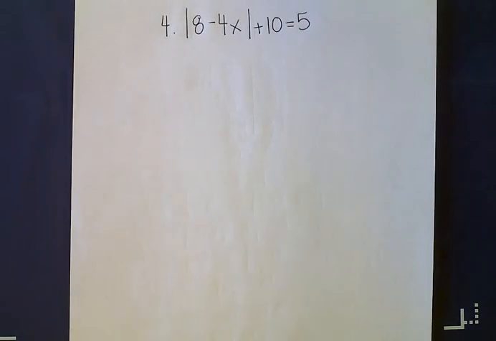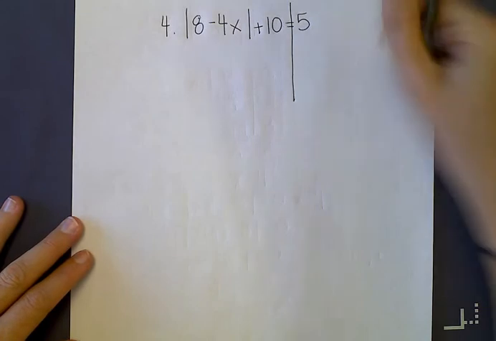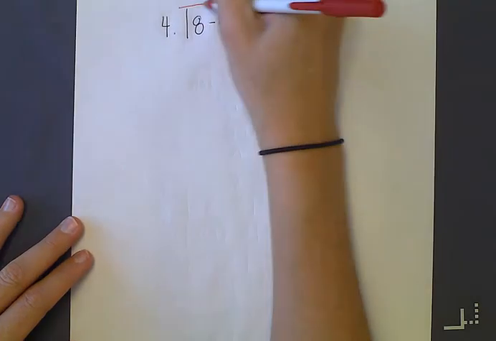Example 4. The absolute value of the quantity 8 minus 4x, plus 10 equals 5. Step 1. Isolate the absolute value on one side of the equation. The only thing that needs to be on this side is my absolute value.